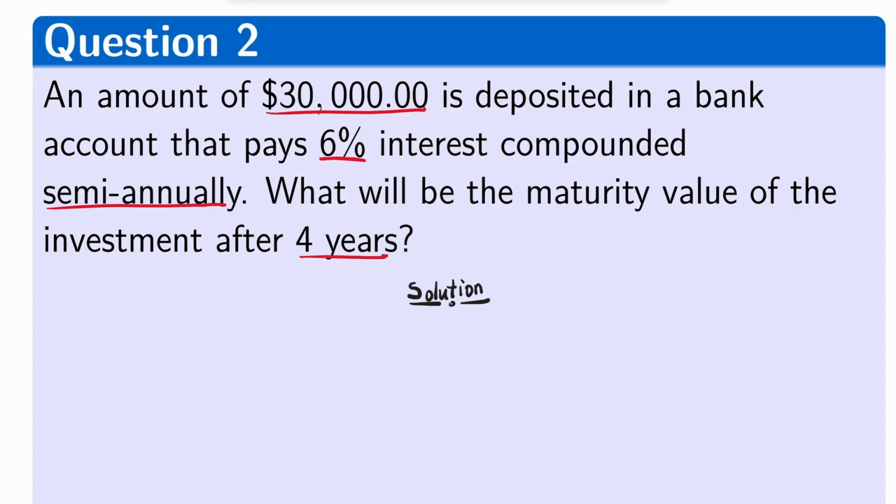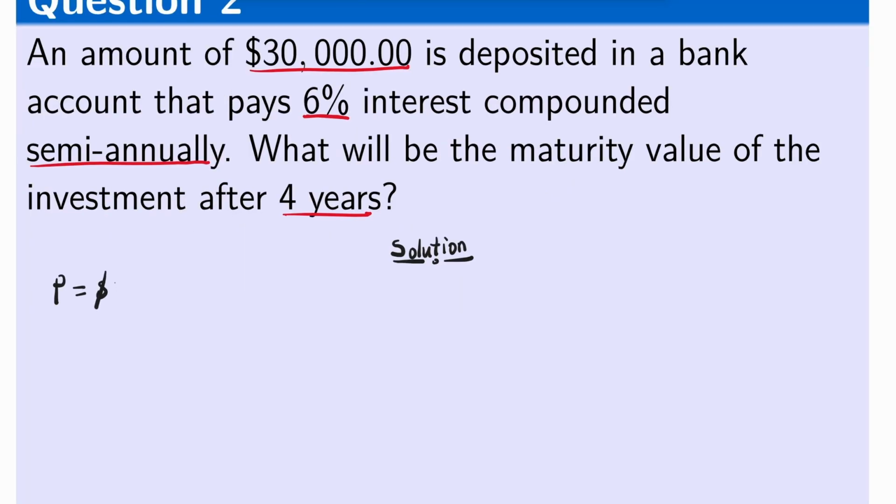So we are going to have P equal to 30,000 US dollars and r equal to 6%, which is equal to 0.06, and n, that's the compounding frequency, is equal to 2, because it is compounded semi-annually, so that's twice in a year. So n is equal to 2 and t is equal to 4, right?